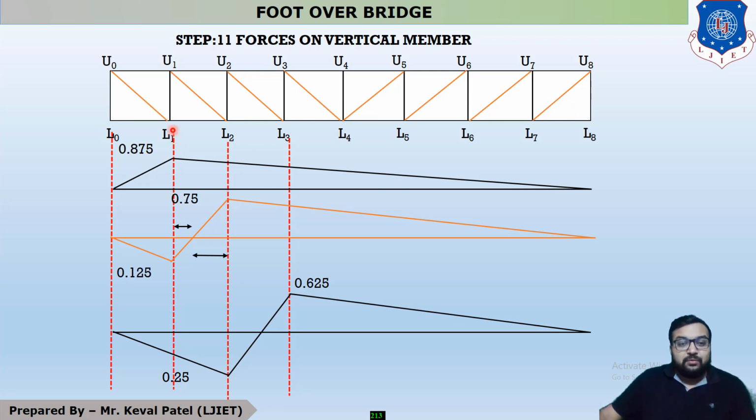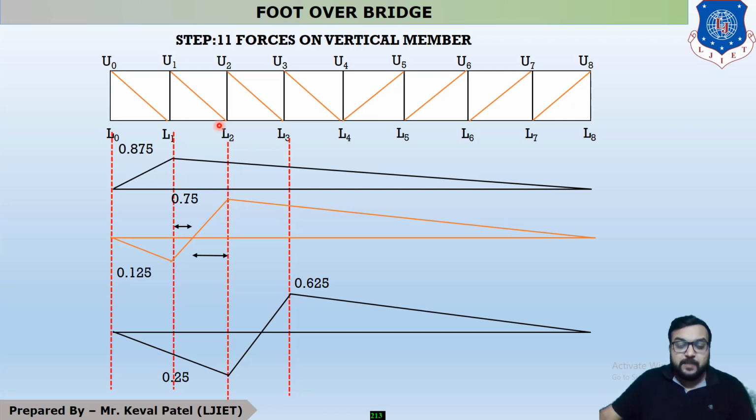Now your second member is U1L1. For the upper member, the maximum value is at the next joint, U2, and for the bottom member, the maximum value is at itself, that is, on the bottom of U1. So again it is 0, 1 by 8, 2 by 8, 3, 4, 5 and 6 by 8.